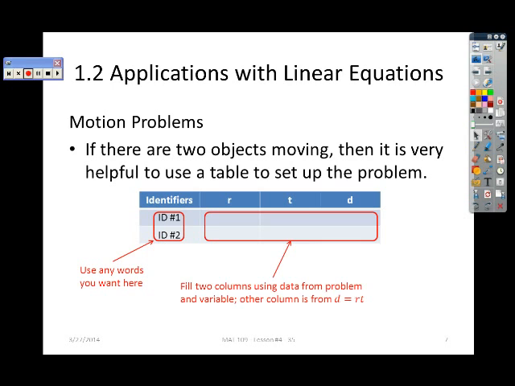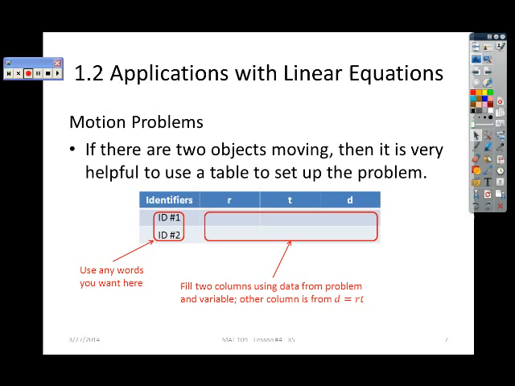The remaining 3 columns you fill in by taking information provided in the problem statement and the variables you define. Those will fill up 2 of your columns. The third column you get by solving the equation D equals RT.